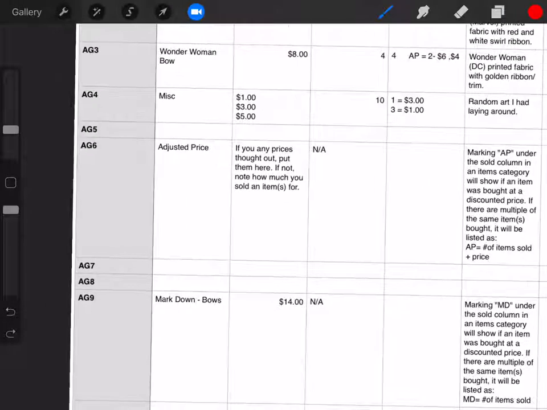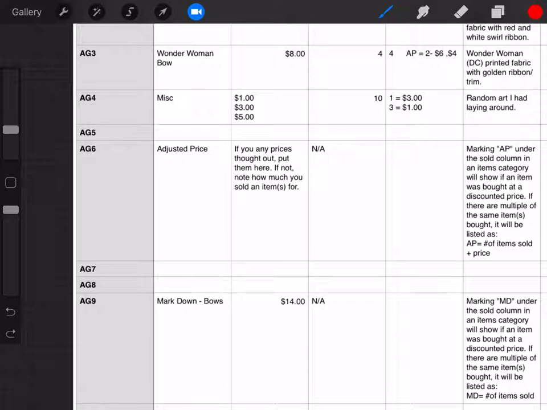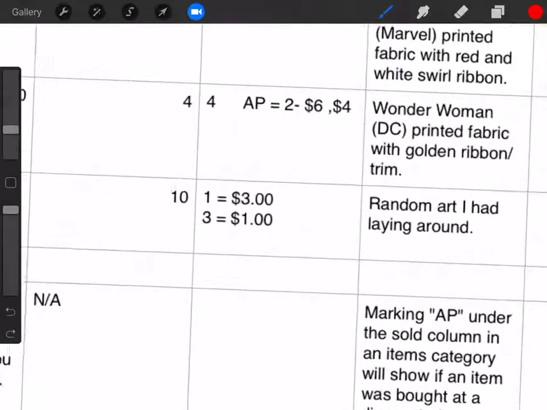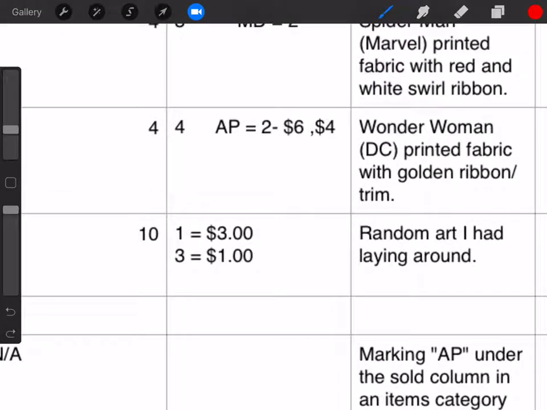But again, I give it a code, I give it a category, because I know that's going to make it easier to ring up. Now, here's the big difference: if it's sold, like I have my Wonder Woman ones again, I said I sold 4. 2 of them were at regular price. The other 2, I sold at a discount. So I had 2 customers come up and I sold it for $6, right?